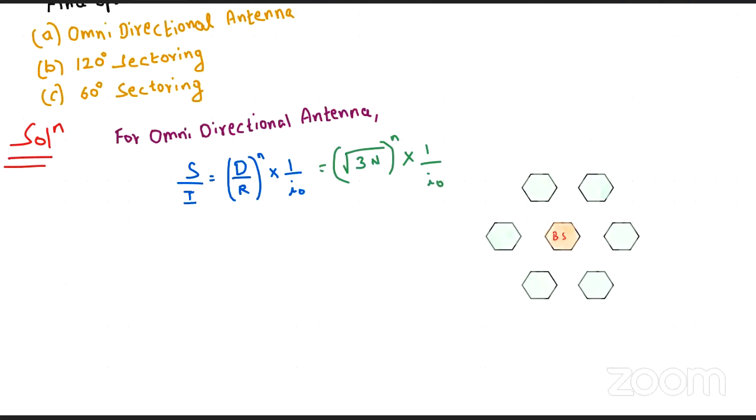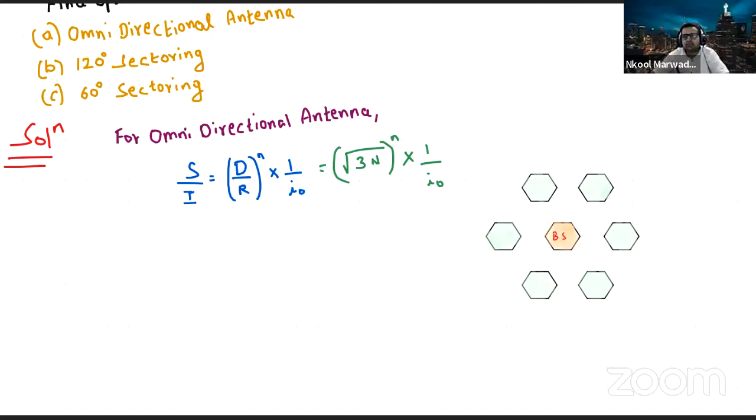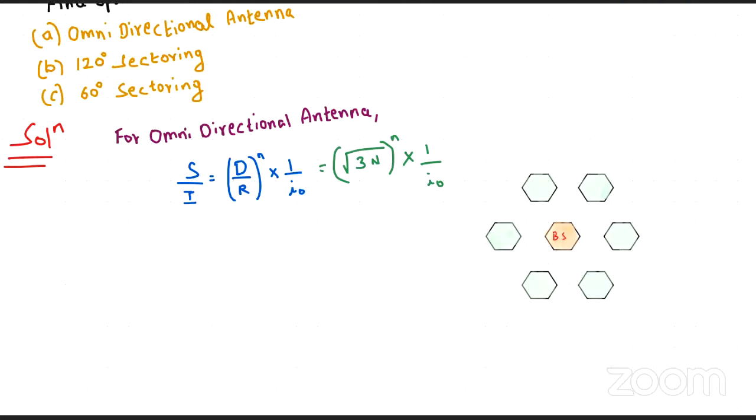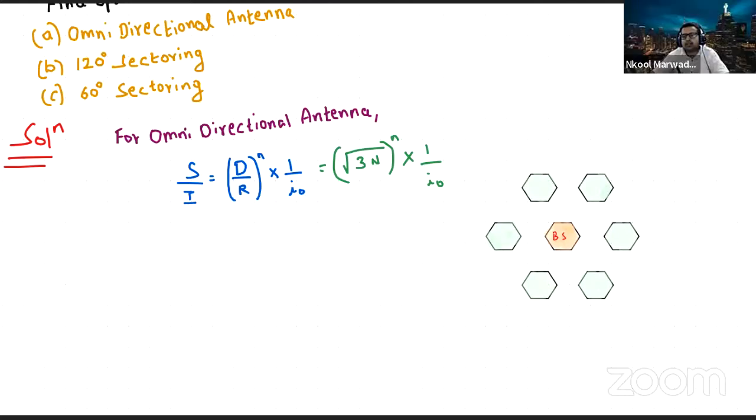But when we do the sectoring, then it might change. Why will the number of co-channels decrease? Because of the sectoring, every cell will be sectored, and hence the cluster size will decrease.